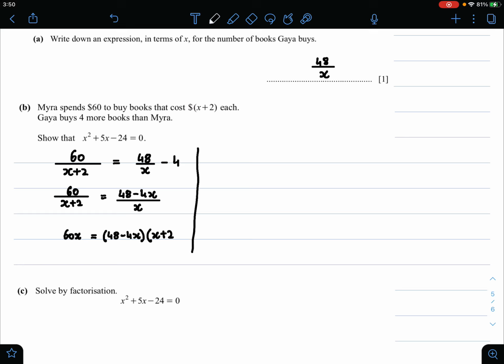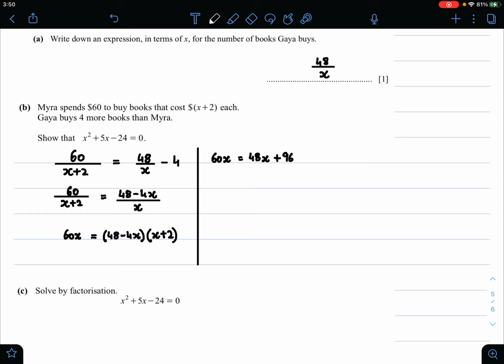So now let's expand the brackets of x plus 2 and 48 minus 4x. So 60x is equal to 48 multiplied by x is 48x. 48 multiplied by 2 is positive 96.